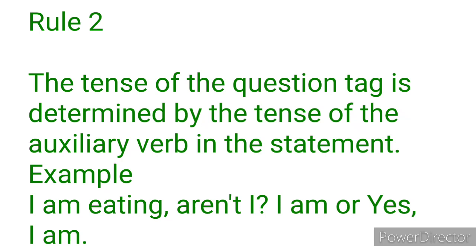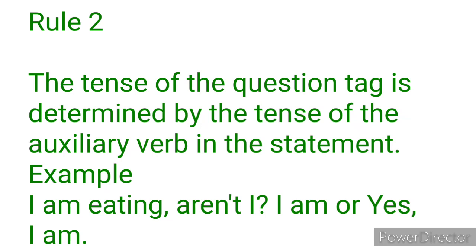So that's why it's wrong to say wasn't I. The correct thing to say is "I am eating, ain't I?" and not "I am eating, wasn't I?" The auxiliary verb in the statement is in the present tense, and the auxiliary verb in the question tag has to also be in the present tense.